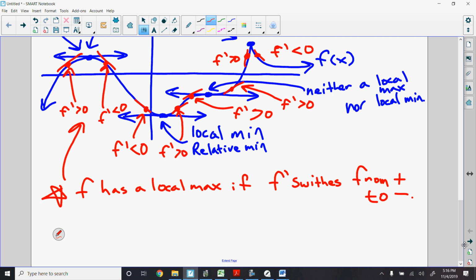Local min, then, is going to be the reverse. F prime is going to switch from a negative number to a positive number.